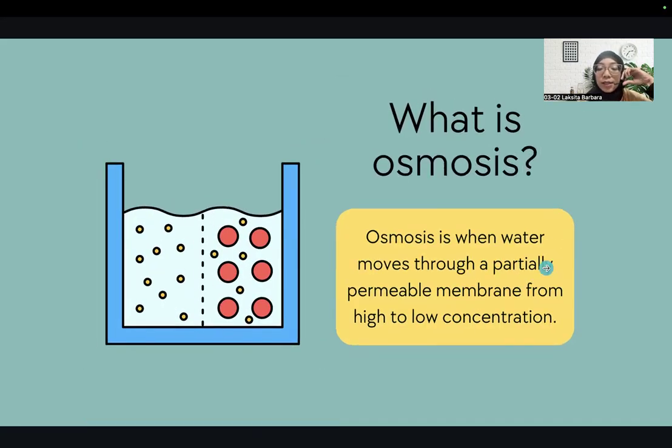The second process is osmosis. In diffusion, we learned that the things that move are the particles. On the other hand, in osmosis, it is the water that is moving. The water moves from the high concentration to the low concentration.